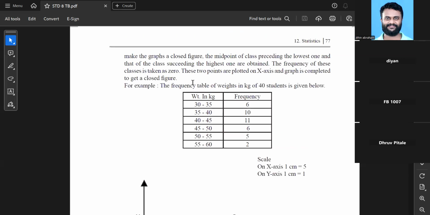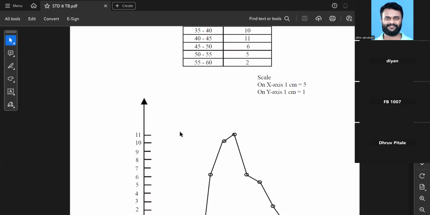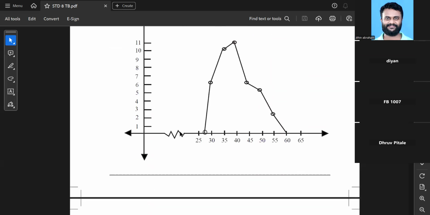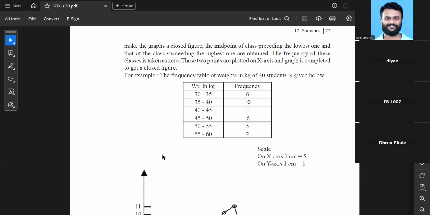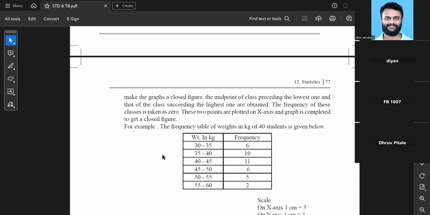In this case, the same table we have used, histogram वाला table, 30 to 35 6 है, 35 to 40 so and so करके लिख दिया. So 30 to 35 का midpoint, when you calculate, it will be 32.5. 25 to 30 क्यों लिखा है फिर? डेटा गलत है क्या?